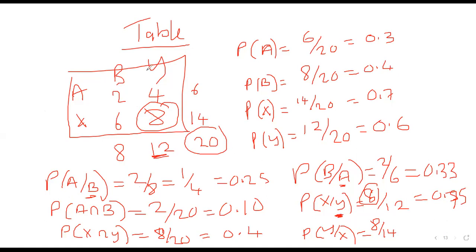Then Y given X, they're still meeting at 8, but the total for the bottom one, which is now X, is 14. That's where the 14 is coming from. But X intersection Y, they're still meeting at 8, but the total for everything, which is 20.